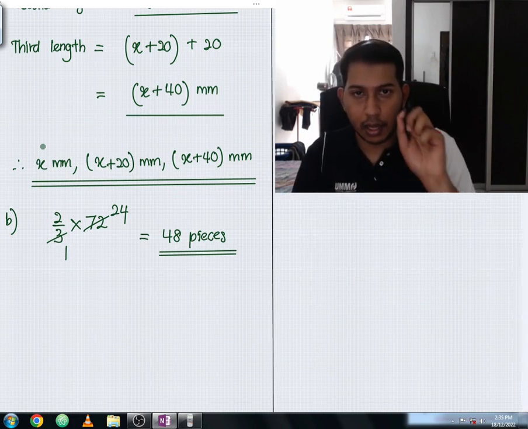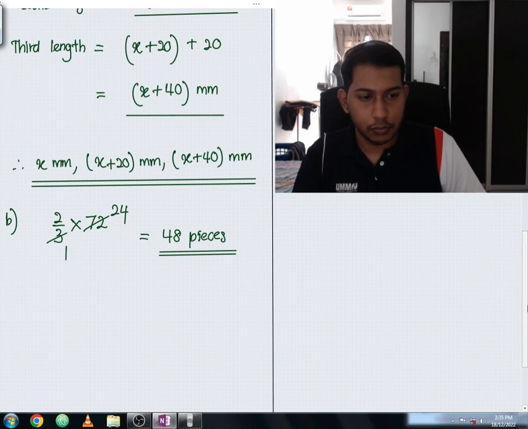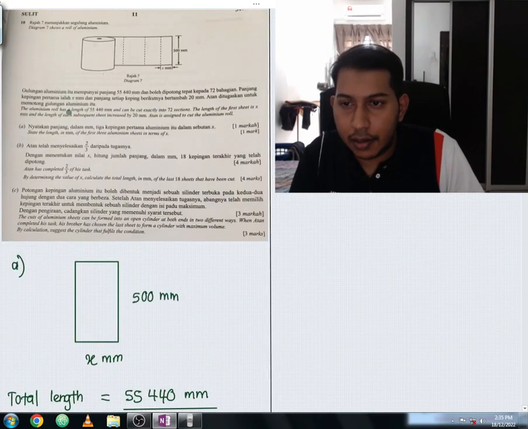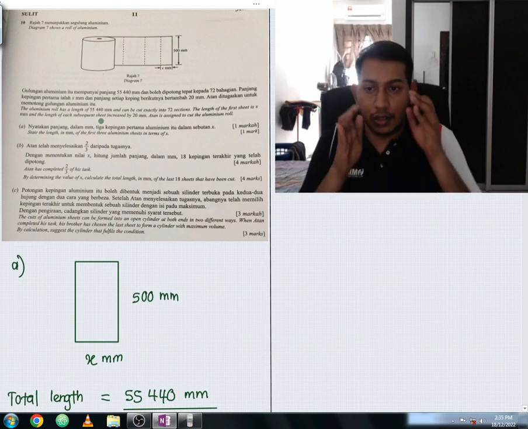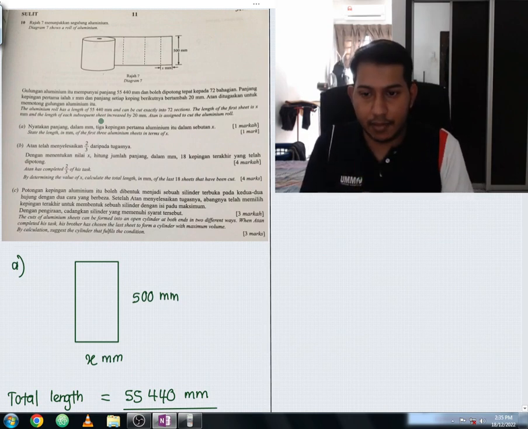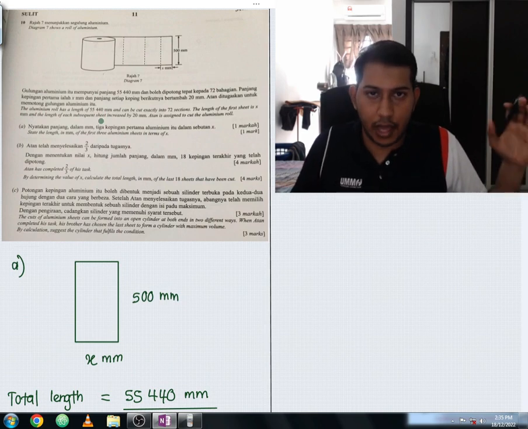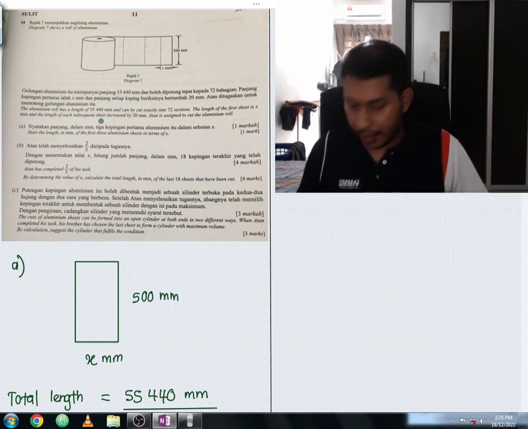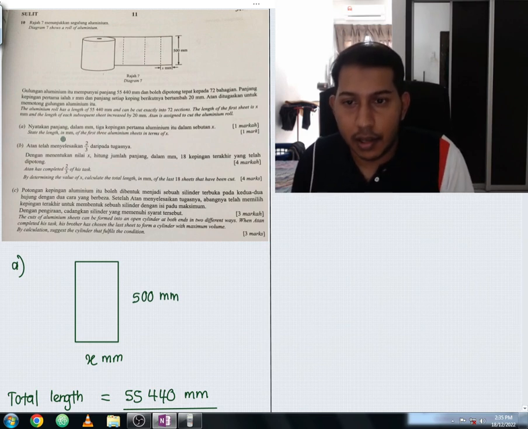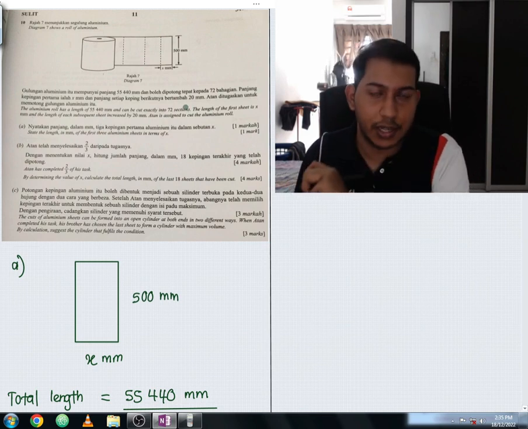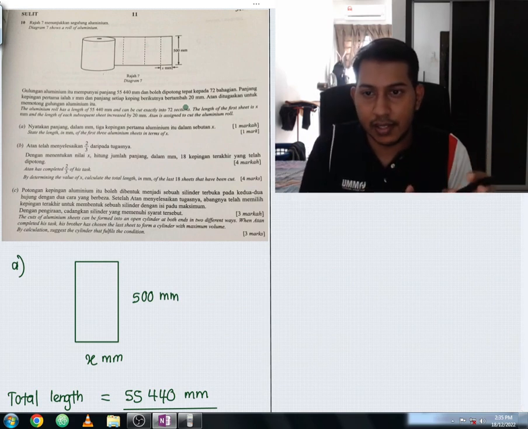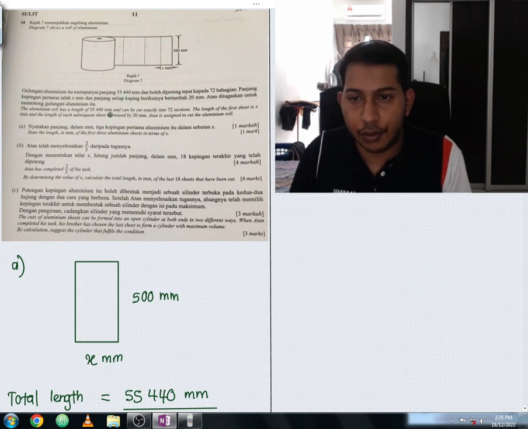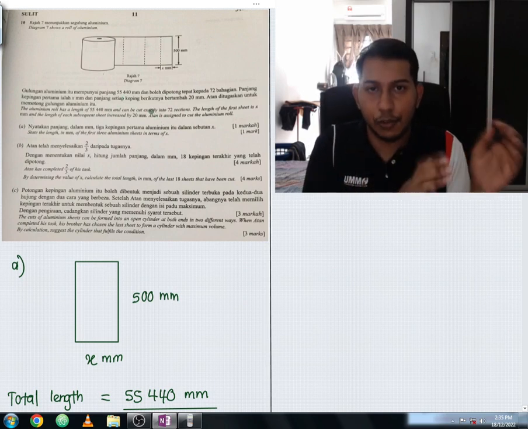Let me remind you again, guys. In the question, they have mentioned that the aluminium roll has a length of 55,440 mm. So this 55,440 mm is the total length of the aluminium roll. And then they also mentioned that it can be cut exactly into 72 sections. So what we can conclude from here is the sum of 72 terms is 55,440 mm, the sum of the 72 lengths.